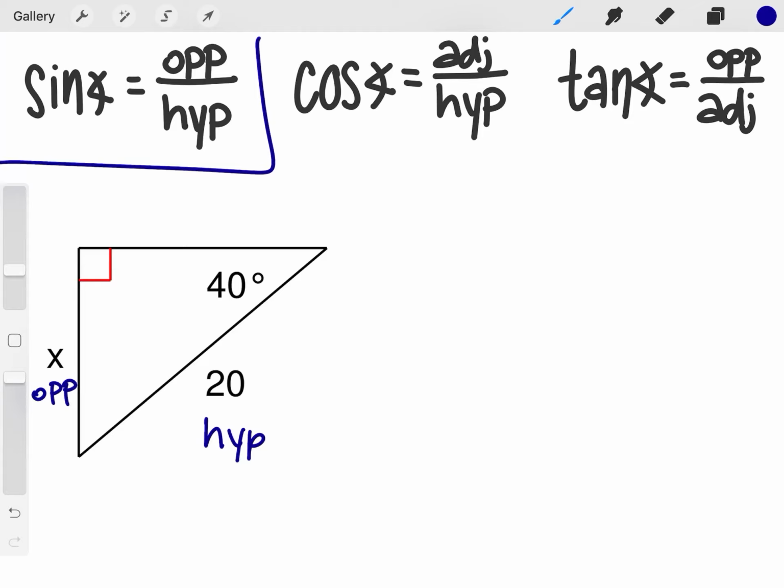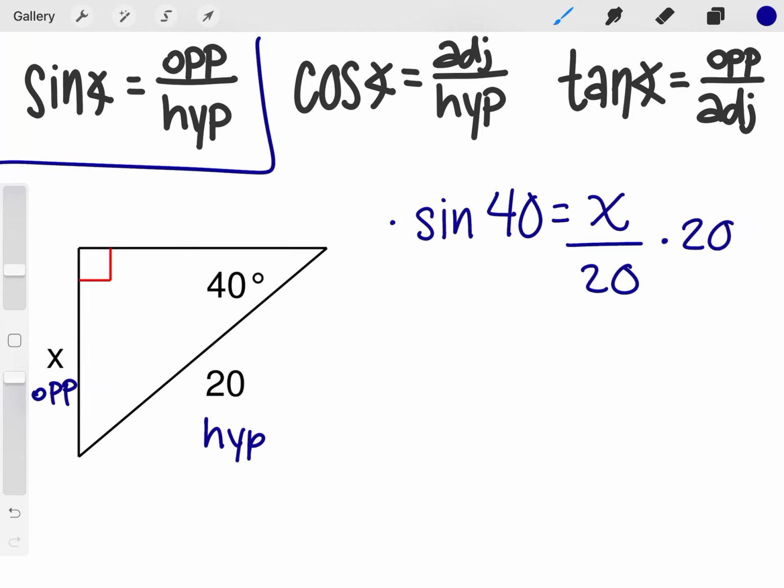What is the equation going to be when you plug in all the values into it? You should be getting sine of 40 equals x over 20. And then what do we do to isolate x? We need to multiply both sides by 20. 20 times the sine of 40 equals x.